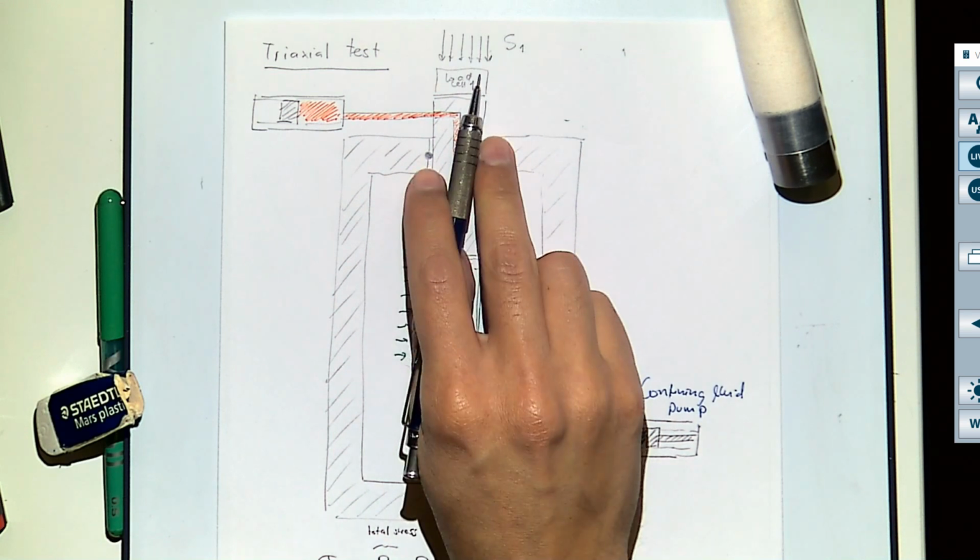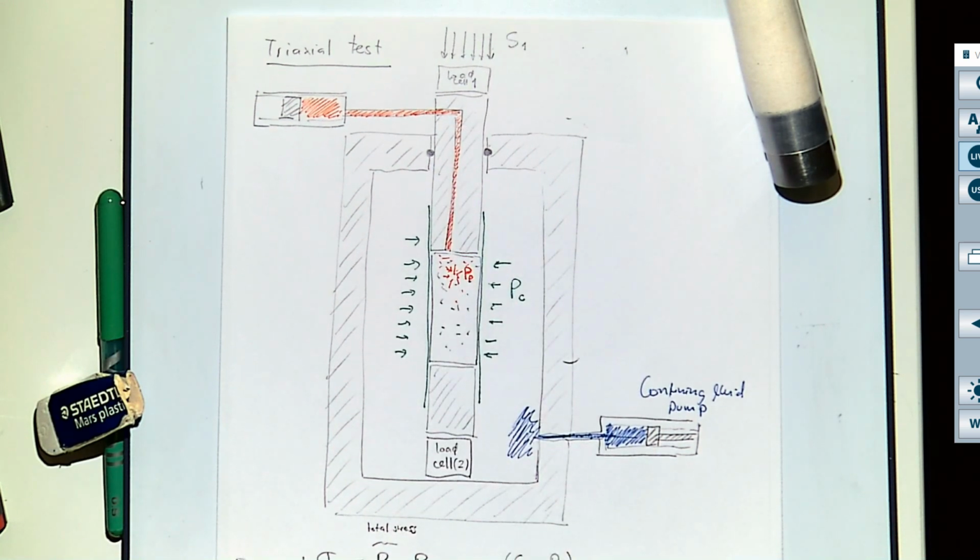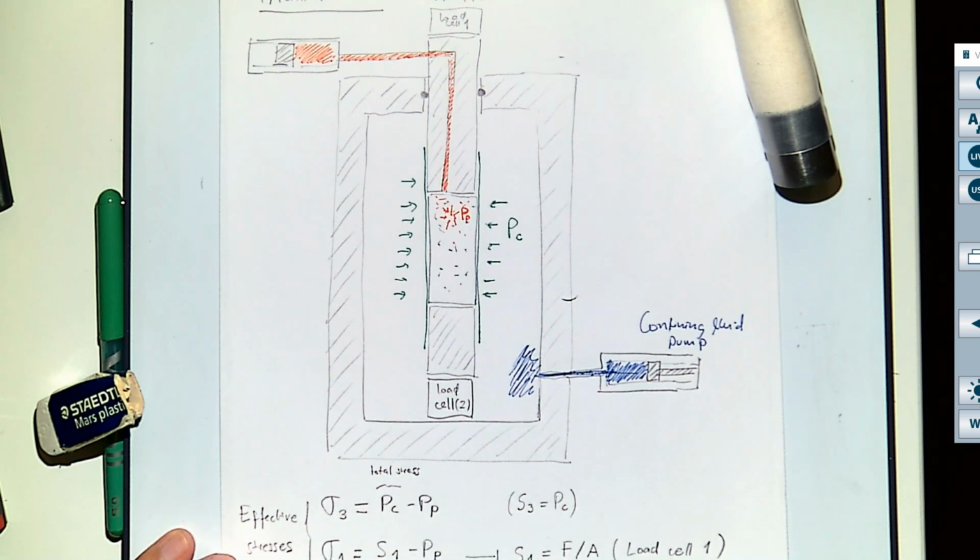So if I apply a force, and I know the force and I know the area, I know the value of S1. If you wonder what this means with load cell, okay, this is a load cell. You see this thing that looks like an S. Inside you have strain gauges that measure strain, and according to how much small resistances change length, you get a measurement of force. So this is a load cell, and it is outside. When you do your triaxial tests in the laboratory, you will measure this force, and you will measure S1 directly.